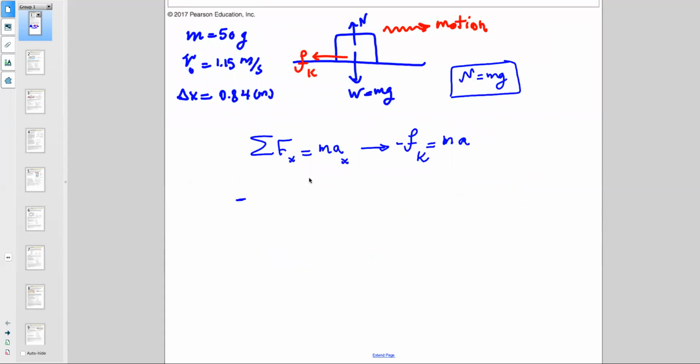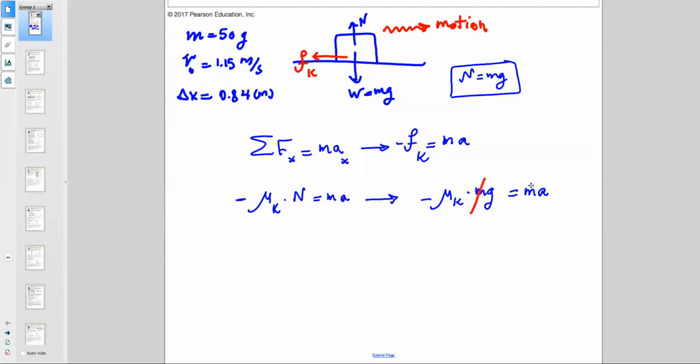Negative f_k is mu_k times N equals ma, and so we have negative mu_k. We know what N is from the y direction, so I'm just going to substitute that, which is mg, equals ma. At this point, you can easily cancel out m from both sides.